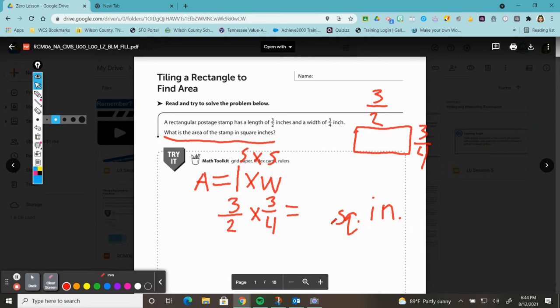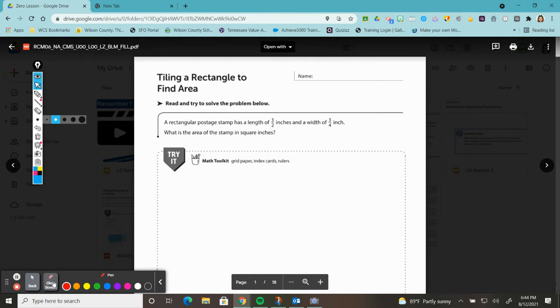If you are not familiar with this strategy, you might have other strategies that you are familiar with. You might be familiar with the area model. So the area model says that we can take our rectangle and we label one side as 3/2.